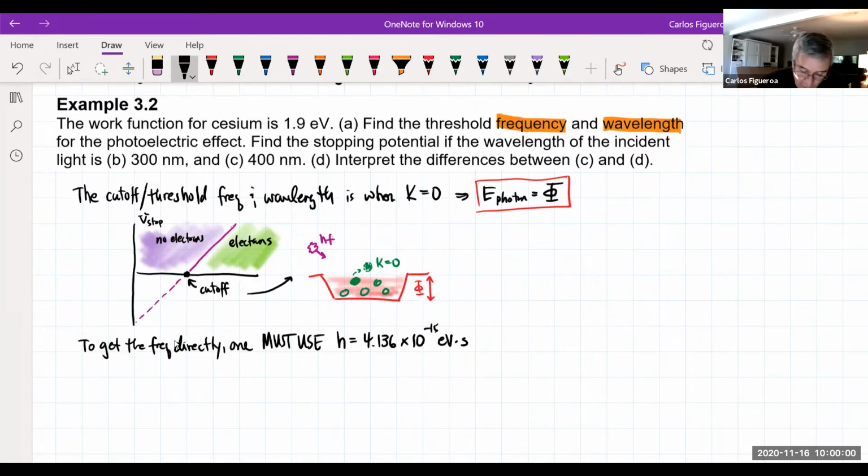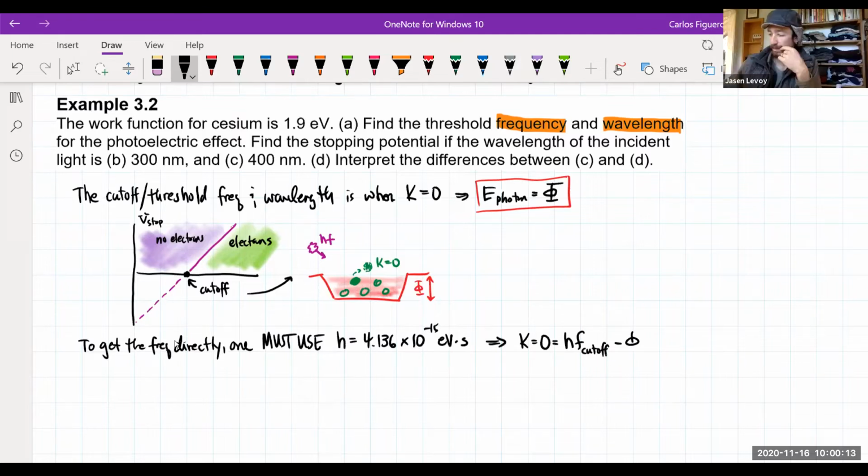So when you use this, this is what you find here. I know that the threshold is when the energy of the photon has to be balanced out by the binding energy or the work function.